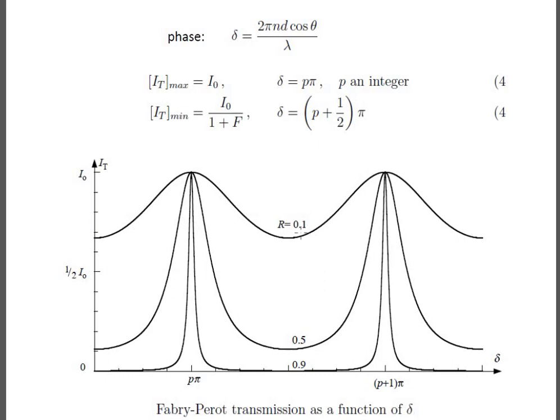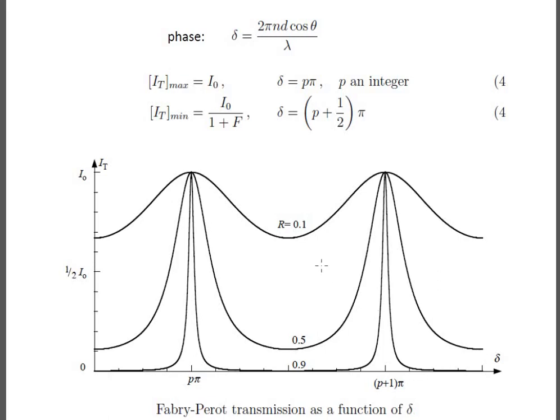What you are seeing is that for small values of r, the peaks are quite broad. But as the value of r increases and approaches 1, you get much narrower peaks. And there lies the great significance. You remember in the last class, when I was introducing the Fabry-Perot interferometer, I told you that it is used in communications.